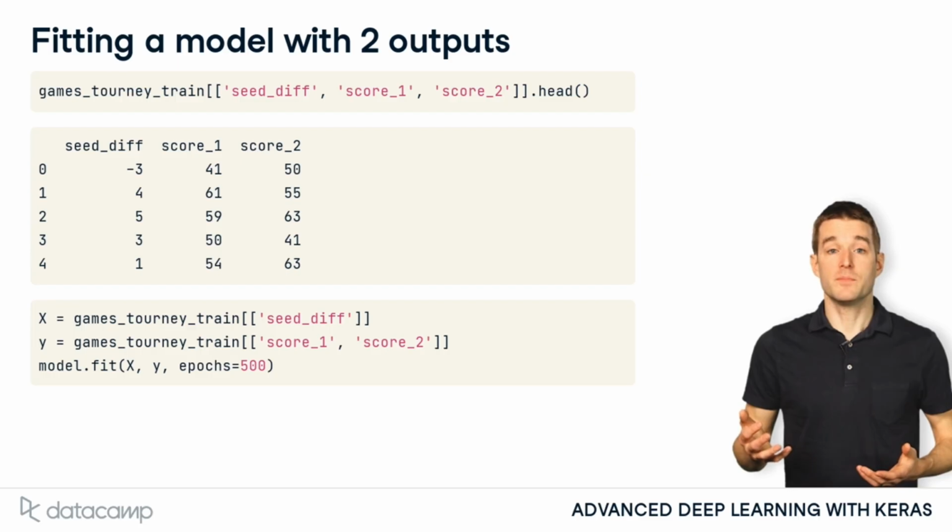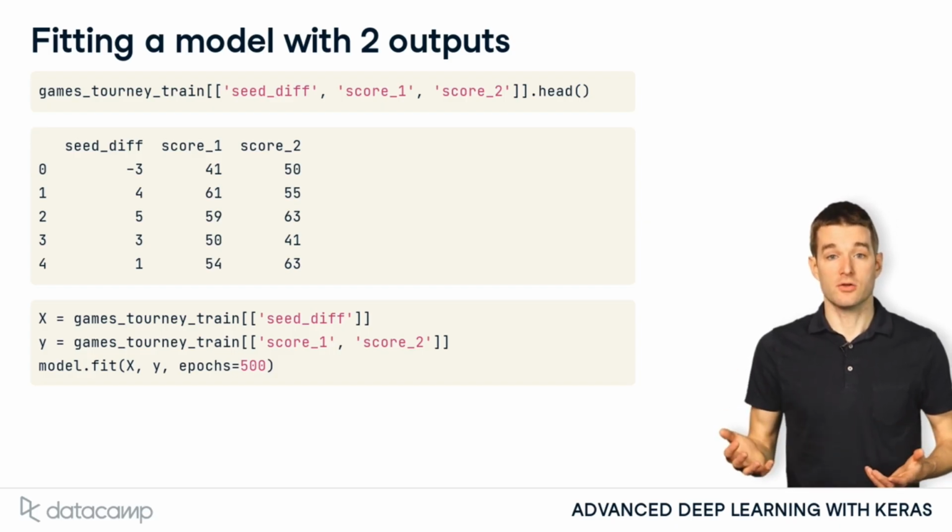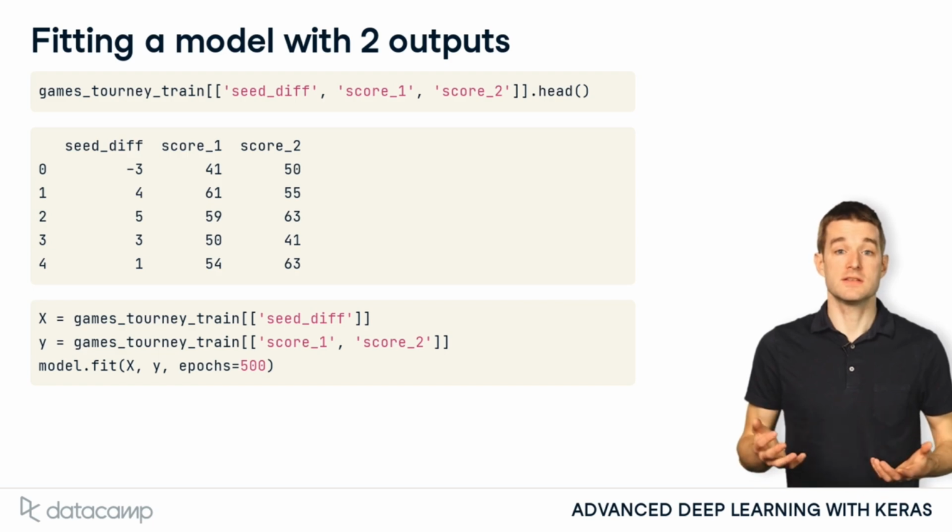The model's single input is seed difference, and the 2 outputs are the scores for each team. The fit call is then exactly the same as a single input, single output model. The difference is that the y variable has 2 columns now. This particular model takes a while to converge, so I use 500 epochs in the fit. For the exercises, you will use some additional data in the model that will help it converge faster.